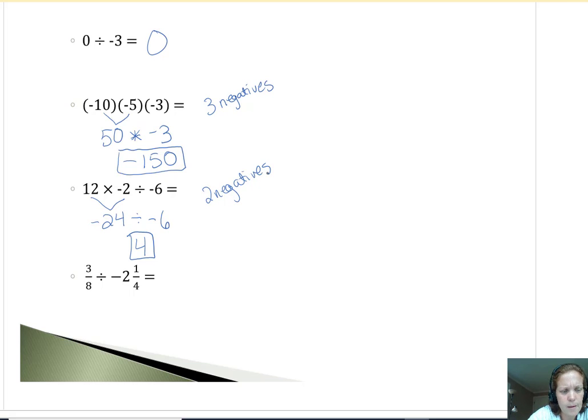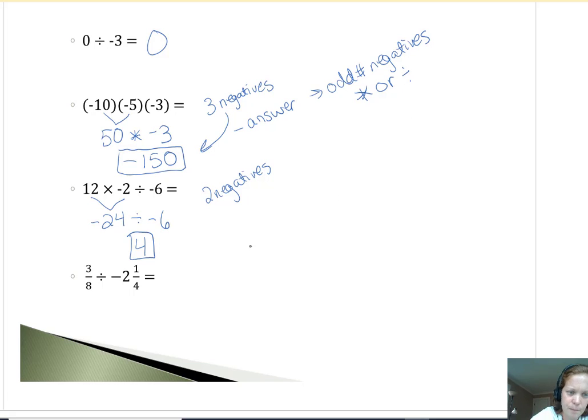Notice the first one, 3 negatives, and I ended up with a negative answer. Generally speaking, this is going to happen whenever I have an odd number of negatives, and this is specifically for multiplication or division. With this next one, I had a positive answer.